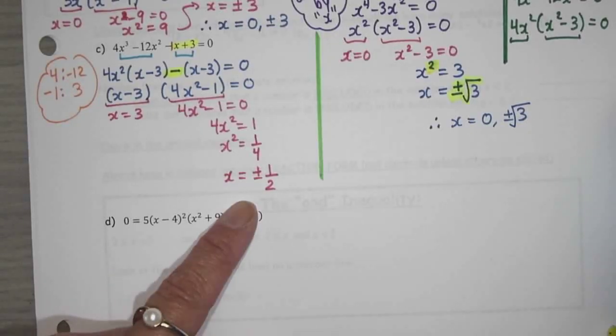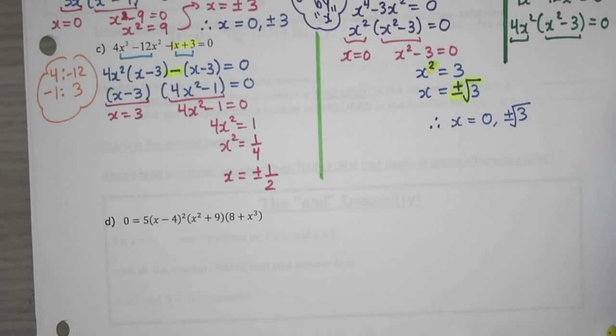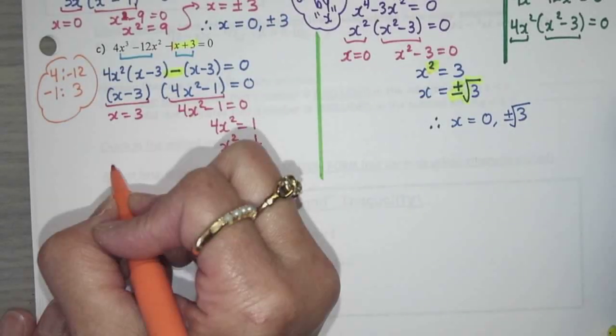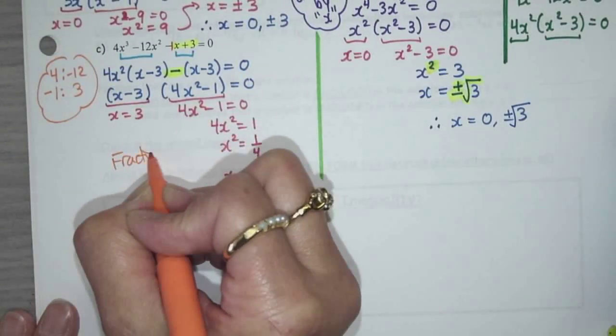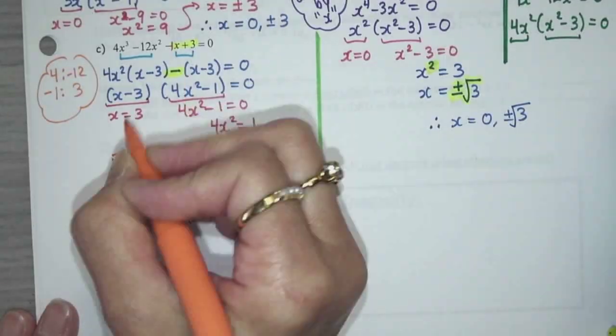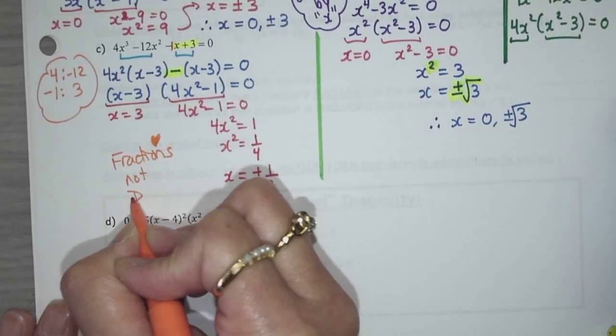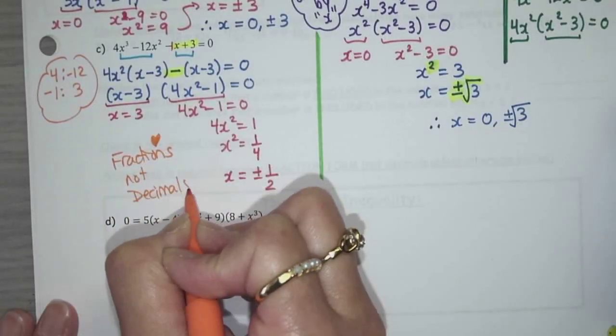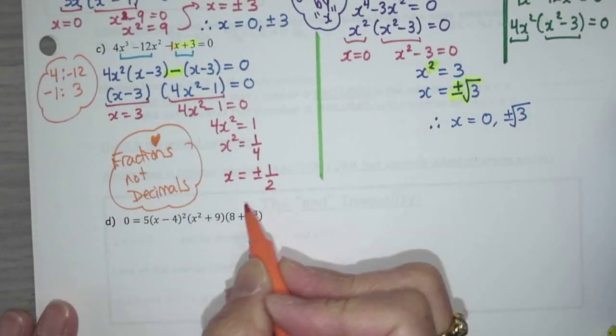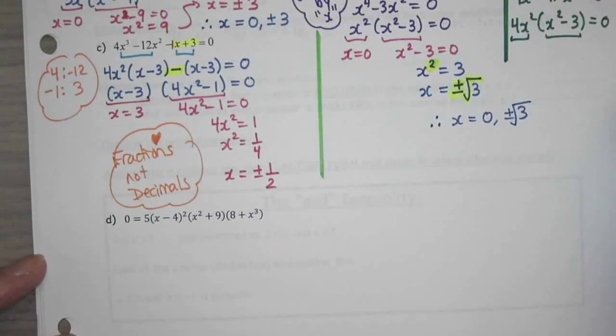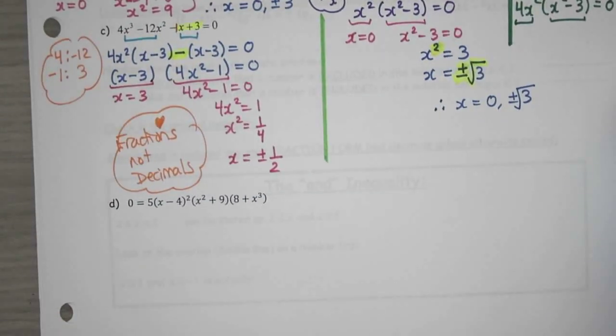I know that you could do 0.5, but we're going to leave everything in fraction form unless I ask for decimals. I know it's an exact decimal, 0.5. Let's leave everything in fraction form. So fractions, not decimals, unless I ask otherwise.